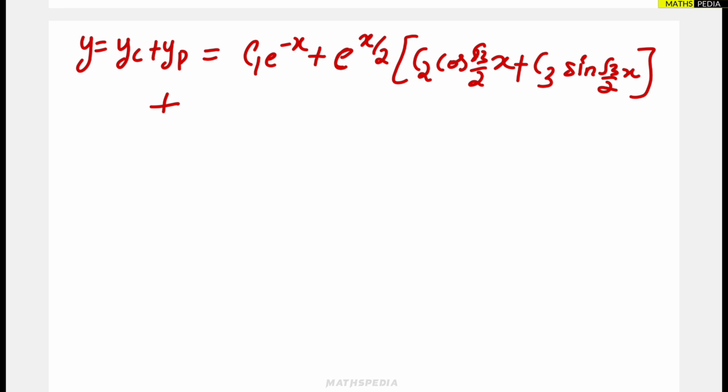What about yp? 5 e power x by 4 into 2x square minus 6x plus 3. Oh, here I have made one mistake. It should be 6x. Okay.